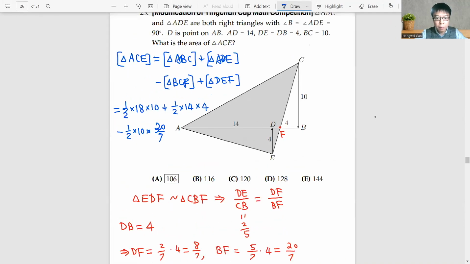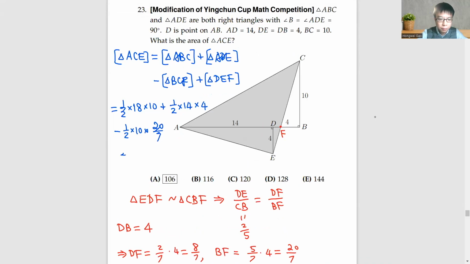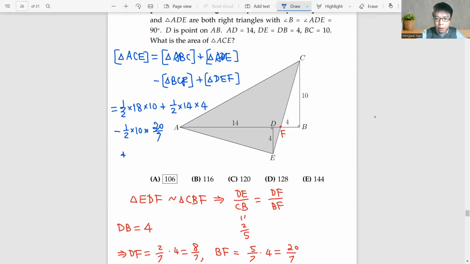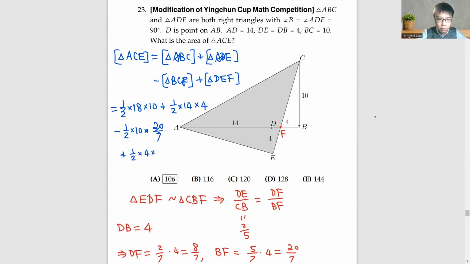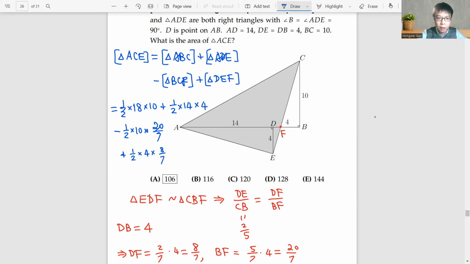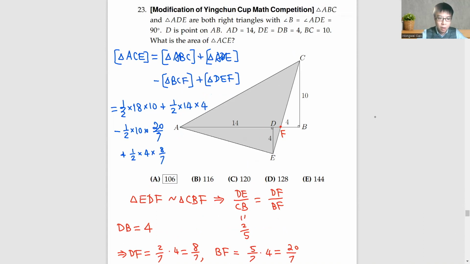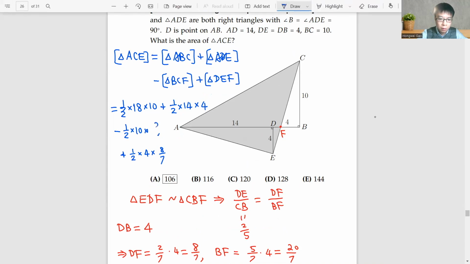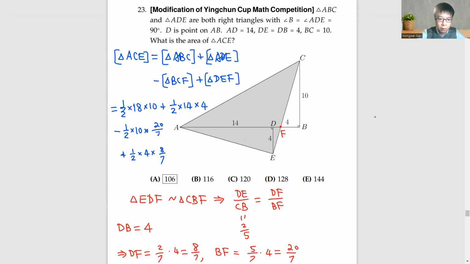And plus the small triangle DEF, 1/2 times 4 times 8 over 7. Yeah, that's basically our calculation. If you simplify it, we got an answer. The answer is 106.